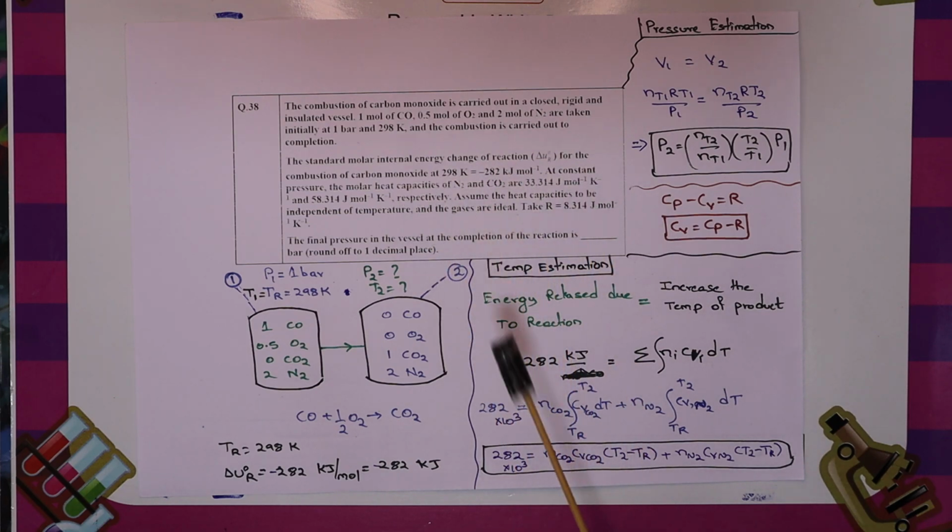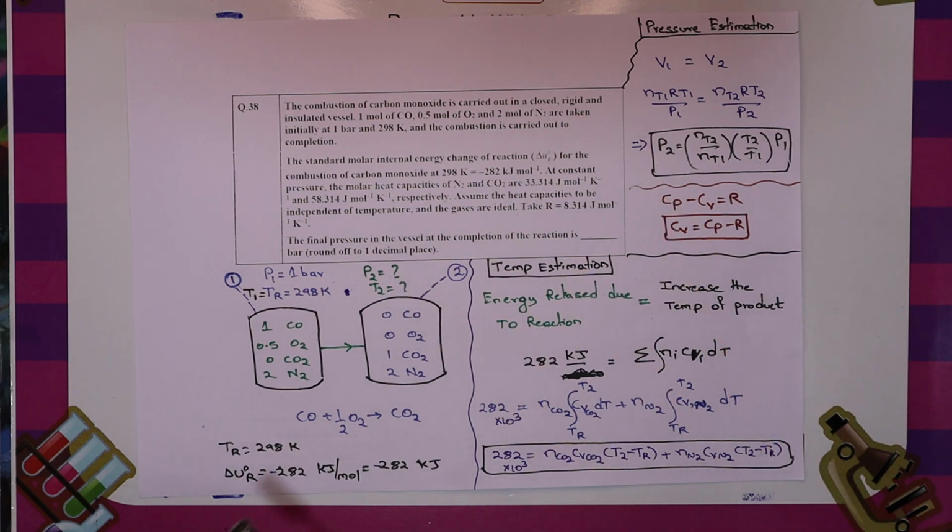You have to calculate Cv. Cv can be calculated from Cp minus Cv equal to R, therefore Cv equals Cp minus R. Using this, I can calculate the Cv of carbon dioxide and Cv of nitrogen. So I can find T2 by arranging this mathematical expression. So I get the temperature from this equation.